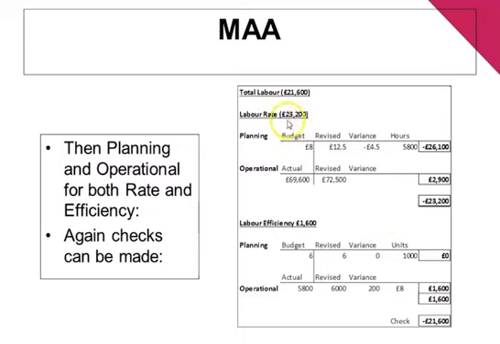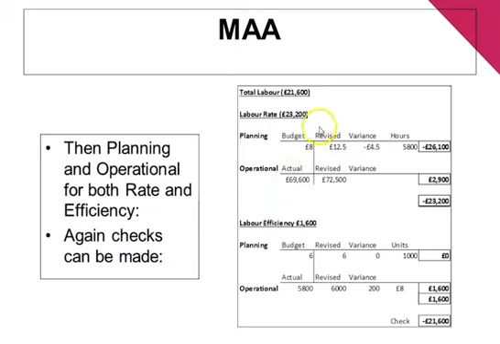Yeah, so there you go, your labour rate is equal to your planning and operational variances for labour rate, and then your planning and operational variances for efficiency add back to your overall efficiency, and then add back in total to your total labour. Okay, so it's as simple as that. Again, it's a formula. You've got to think when you do planning variances, budget versus revised, actual versus revised, and just remember for each one we're exploring different topics.